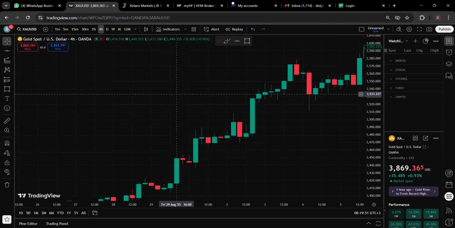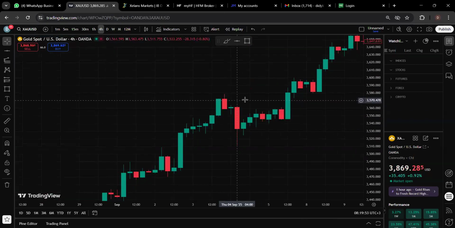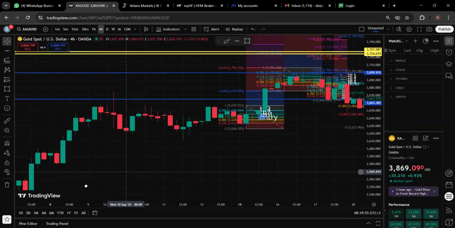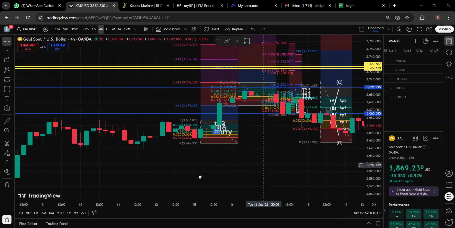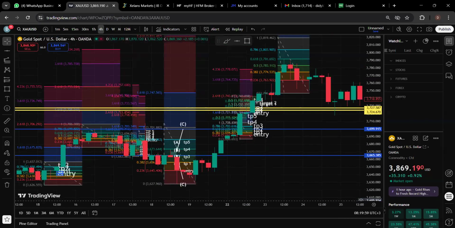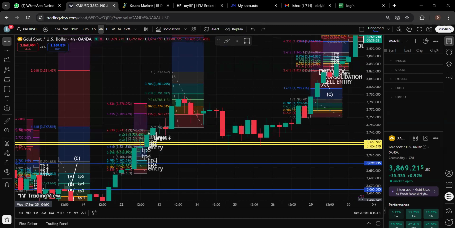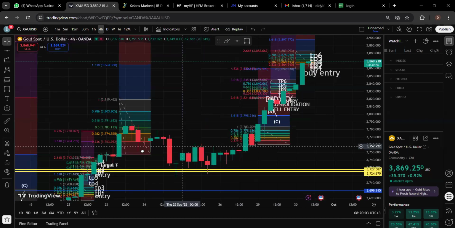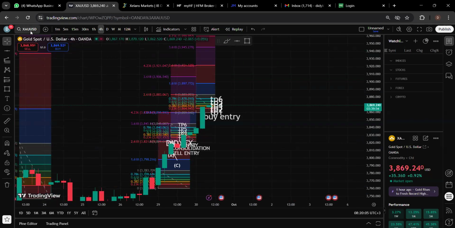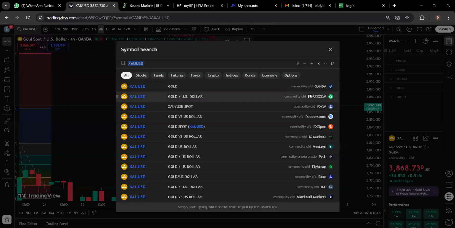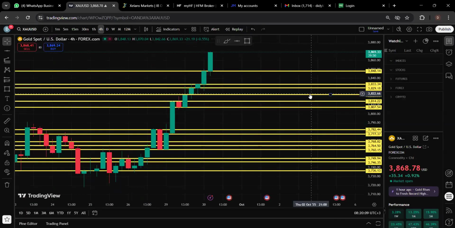I always keep my charts. So when you're analyzing the market, the lines are not deleted, and you'll be able to see the market playing out within those regions. I don't know if we are together, guys.